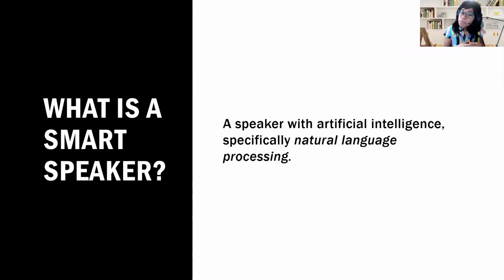A smart speaker is pretty much a speaker with artificial intelligence, specifically natural language processing. Natural language processing is a subset of artificial intelligence, and it basically is the ability to understand human speech and language and take appropriate actions as a result. This is actually really hard for computers to do, and this is where artificial intelligence diverges from regular computers, say, where we have to learn the language to interact with the computer.